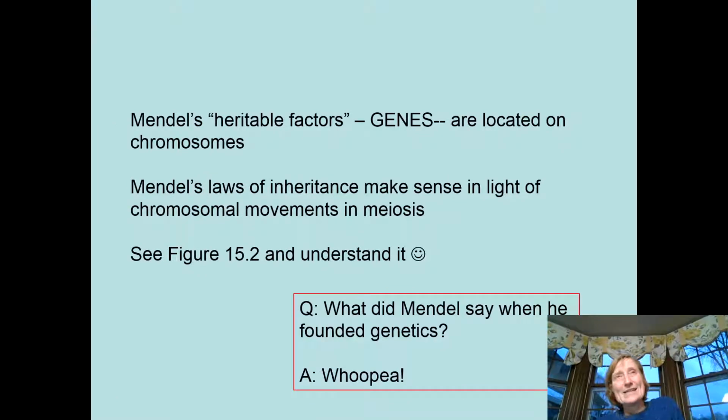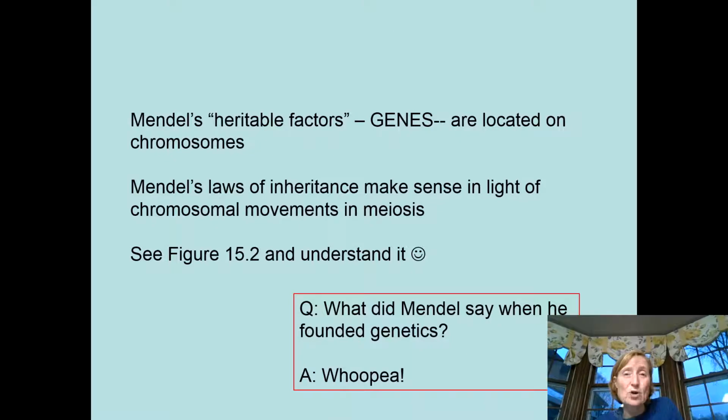In the middle of the 1800s, Mendel came up with several laws of genetics that still hold true today. And he used the term heritable factors to talk about what we know as genes. But no one really grabbed onto his ideas about how traits are inherited until the late 1800s and the early 1900s.